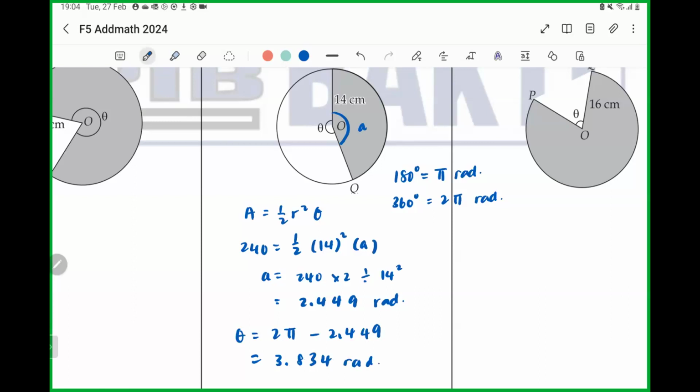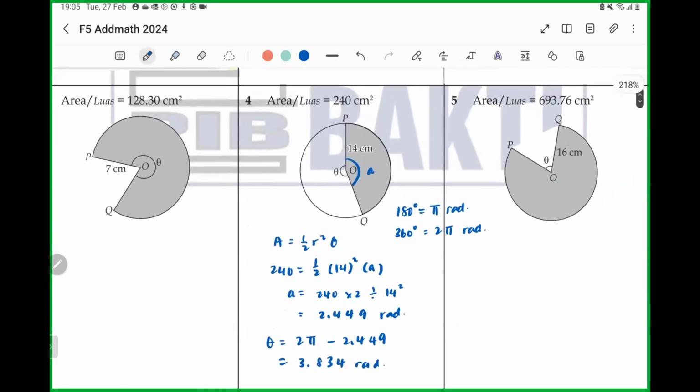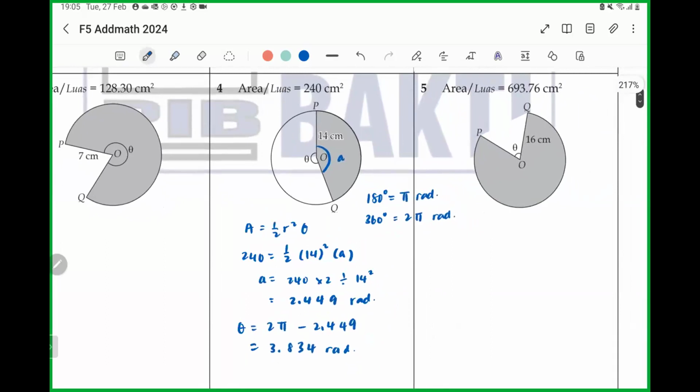No problem. Okay, you try one question. Question number 5 here. Find the theta. The theta is the smaller one also.